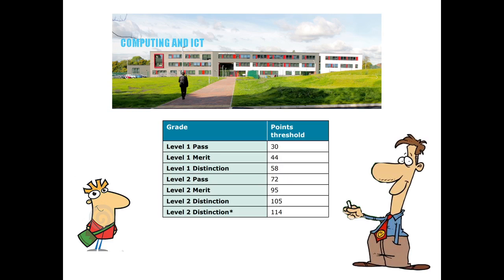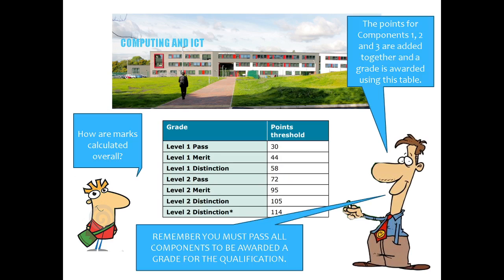All 3 components are added together to make an overall grade using this table. So for example, if components 1, 2 and 3 add up to 59 marks, you've got a level 1 distinction. Please note that you can achieve a level 1 distinction and a level 2 distinction star overall, but you cannot achieve those grades on individual components.